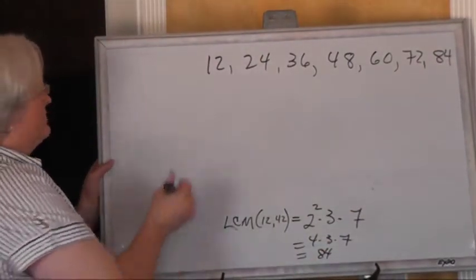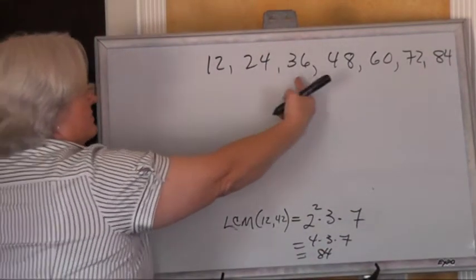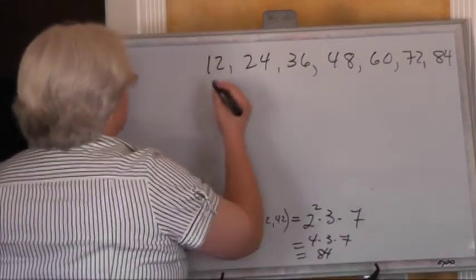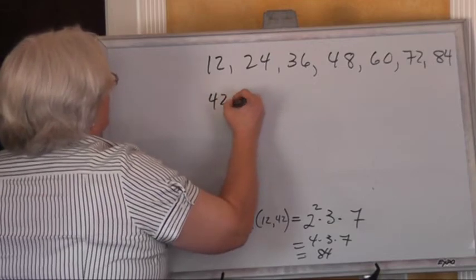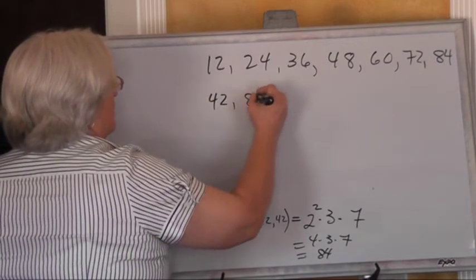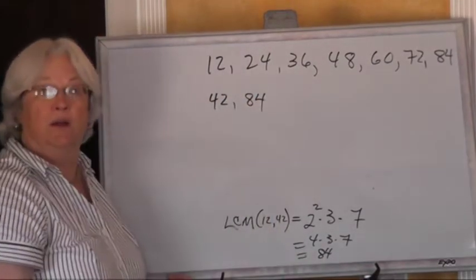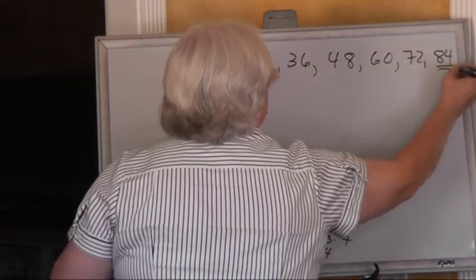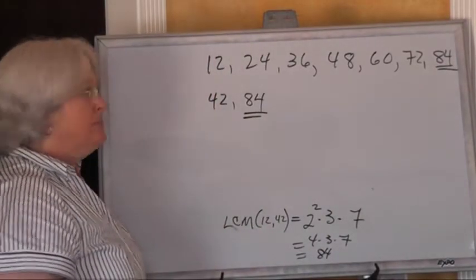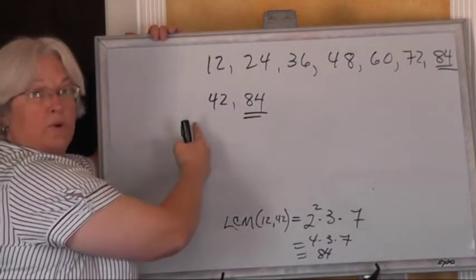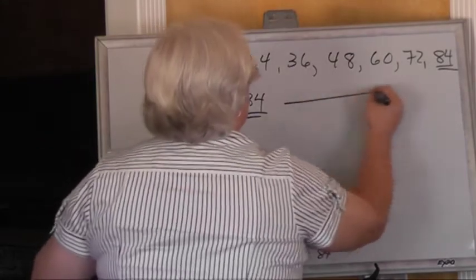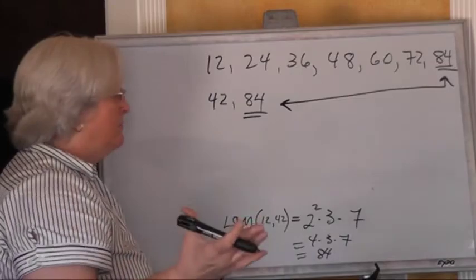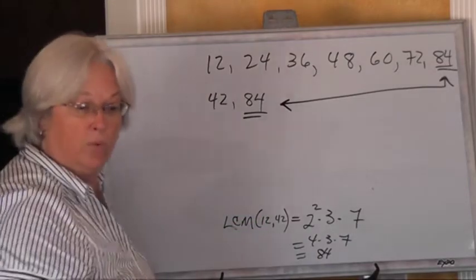These are multiples of 12: times 1, times 2, times 3, times 4, times 5, times 6, times 7. Well, what are our multiples of 42? 42 times 1 is 42. 42 times 2 is 84. So you see that the first time we have the same number listed in multiples of 12 and 42, it's 84. That's how least common multiple works.